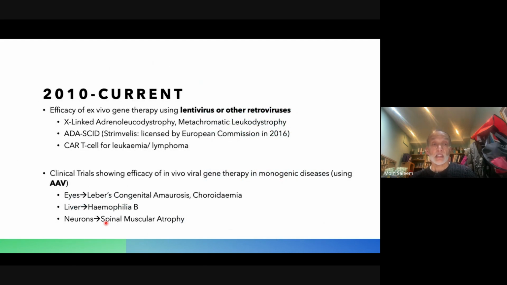And so up till now, since that technology has been introduced, there's still good ex vivo gene therapy using these previous viruses I talked about, but there have been clinical trials that show efficacy in vivo now of viral gene therapy in monogenic diseases using AAV, including in the eye, in the liver, and in neurons, and these are some high-profile successes in these diseases.